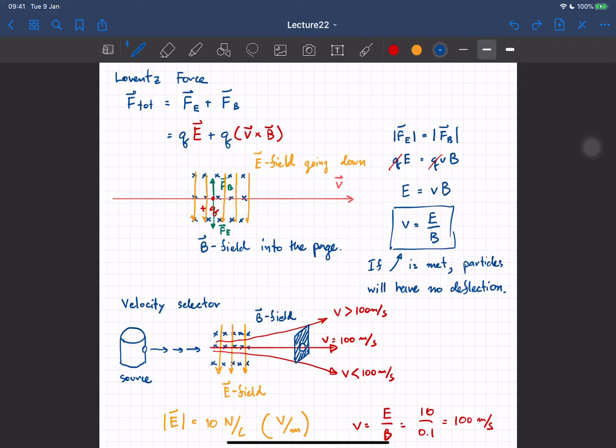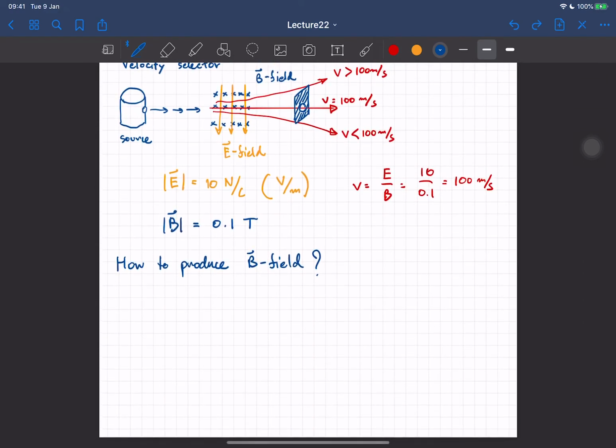But the question is, okay, how do you make the magnetic field in the first place? We know already how to make the magnetic field. You just take a piece of magnet which has north and south pole, and then automatically you have the magnetic field coming out from the north and going into the south pole like this.